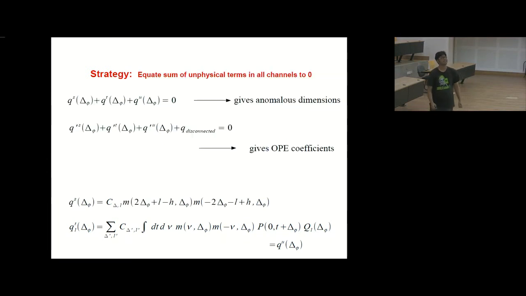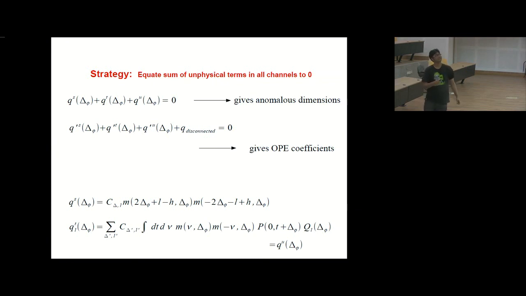So now that we have listed down all the unphysical terms like Qs, Qt, and Qu, the next step is to sum them up and equate them to 0. That's what I've done here.